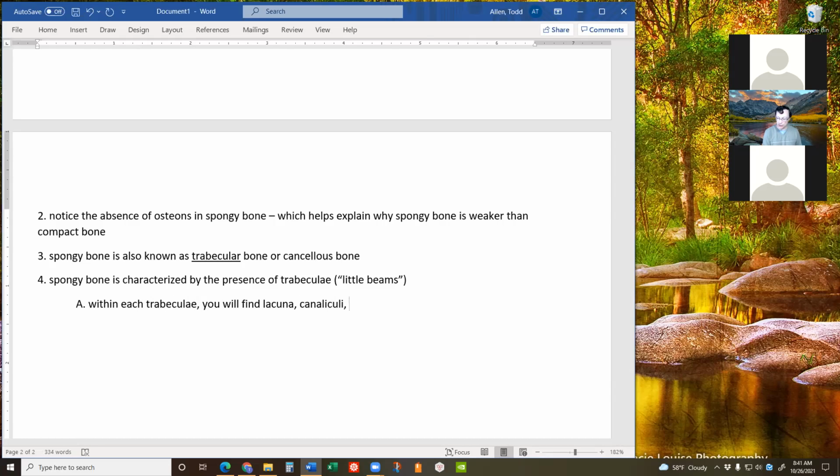You will find osteocytes, osteoclasts, osteoblasts at various stages of bone development, just like you will in the compact bone. Really, the primary physical difference between the compact bone and the spongy bone is how the material is organized. Compact bone, you're going to find osteons. Spongy bone, you will not find osteons.